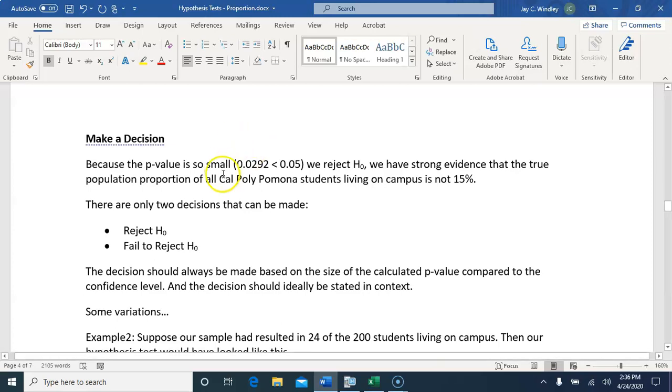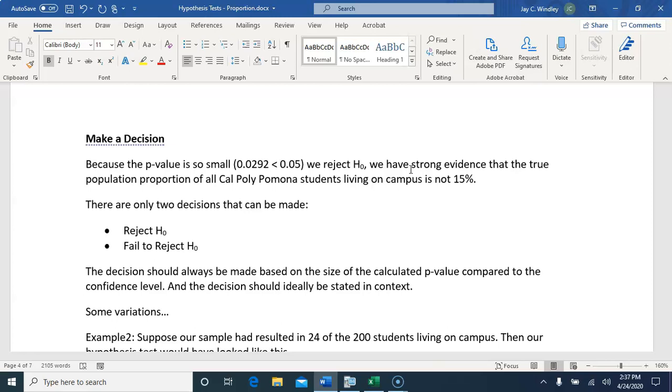Because the p-value is so small, how small? It's less than 0.05. We reject H naught. We reject the null hypothesis. We have strong evidence the true population proportion of all Cal Poly Pomona students living on campus is not 15%.